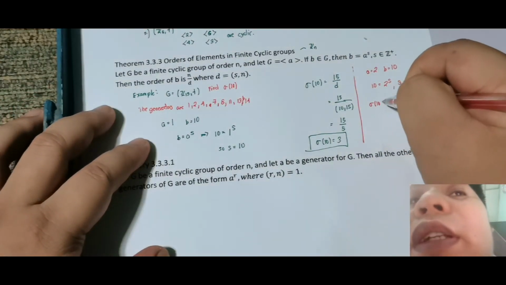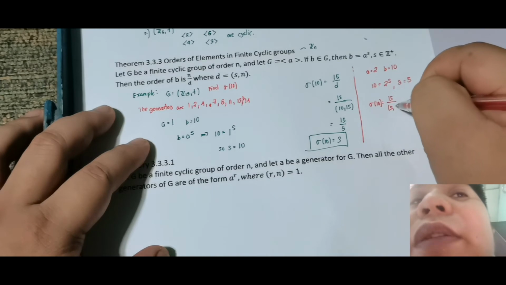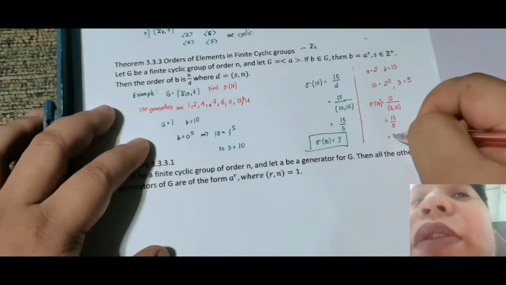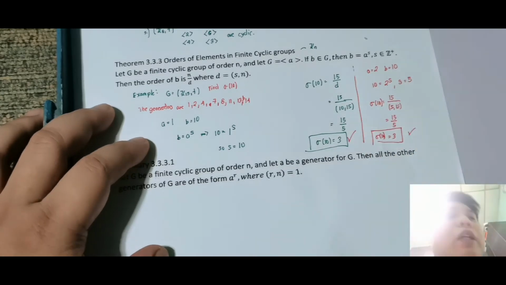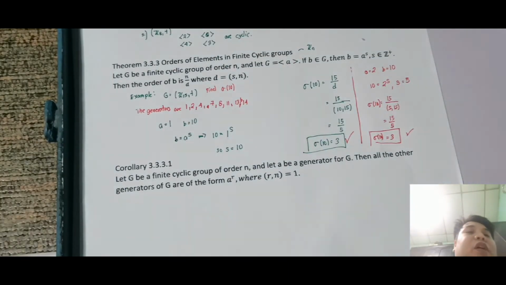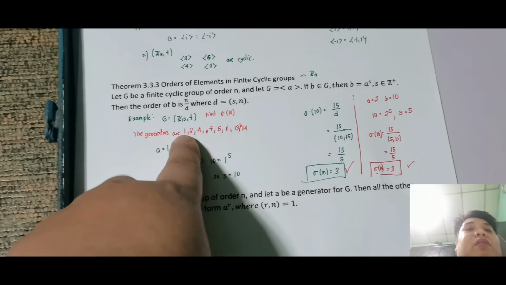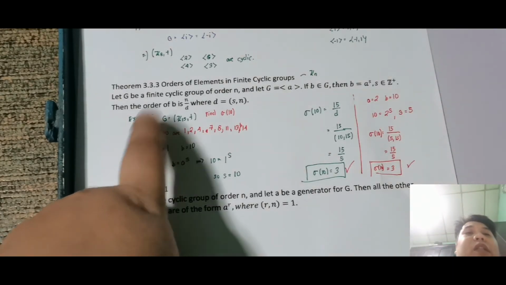The order of 10 is equal to 15 over d, which is the GCD of 5 and 15, so 15 over 5, which is also equal to 3 still. So the order of 10 is also 3, a similar answer. So whichever generator you use, it will come out. Just be sure that when you raise it, you know the S that comes out. I get that S from the base here: 2 raised to 5 means 2 plus 2 plus 2 plus 2 plus 2, that is 10. So there is nothing to count. So the easiest really is 1, especially in C sub n.